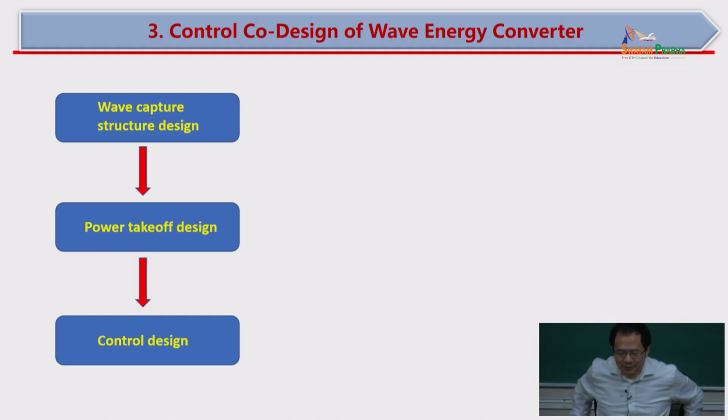Now I give you a sense that we designed a very interesting PTO. We thought we addressed a very important problem, but later we realized this PTO is not controllable. The reason is we designed one part, and when we designed this part, we didn't consider other parts, like the wave capture device design and control system.